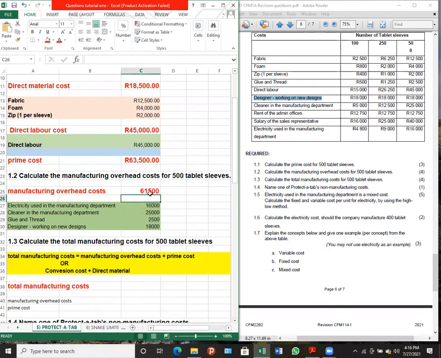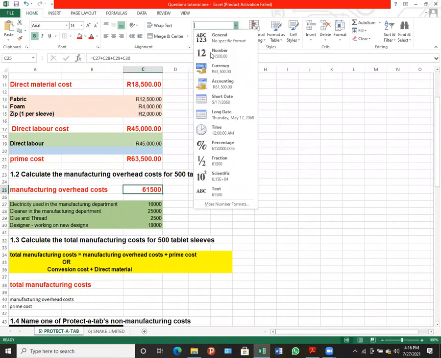I have a total cost of manufacturing overhead, which is 61,500. Let me change this into rands.